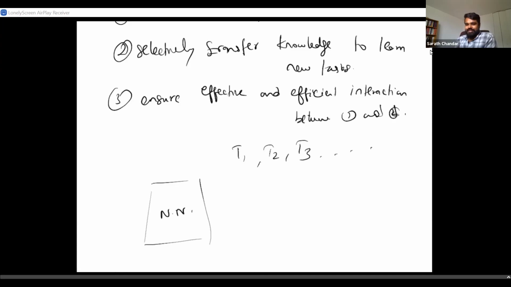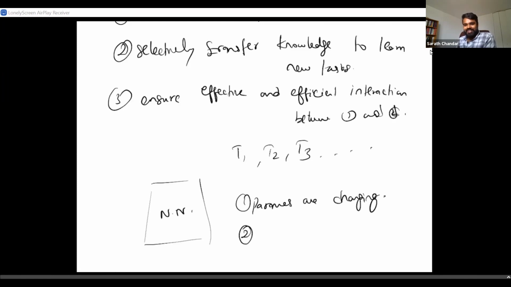Your parameters are going to change when you're doing gradient descent for the new task. So the first reason is that parameters are changing, which means there's a possibility that you might forget the previous task. Is there any other reason that you would forget the previous task?